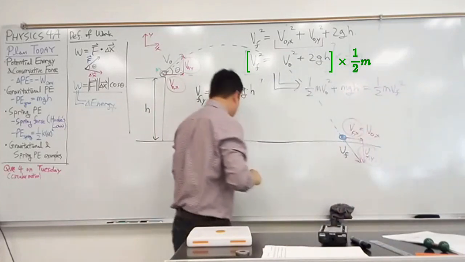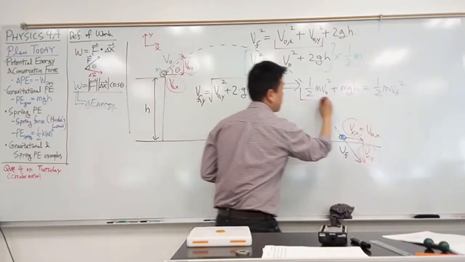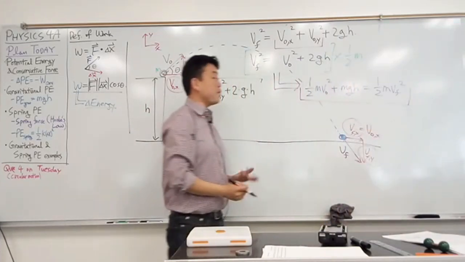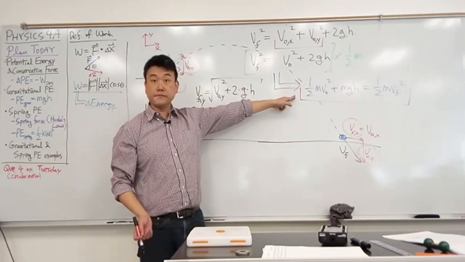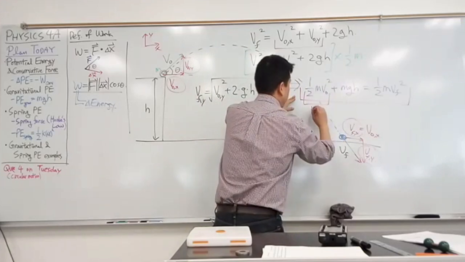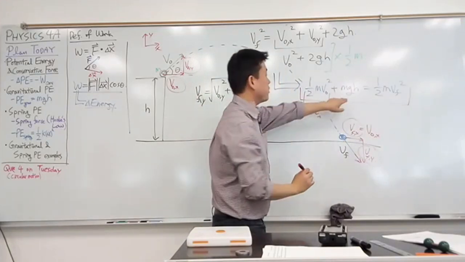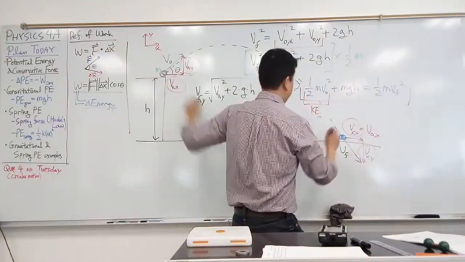You have seen some of the energy formulas. As you look at this expression, do you recognize them? What is the first term telling you? It's the initial kinetic energy. What's the second term telling you? Yeah, initial potential energy at this height.